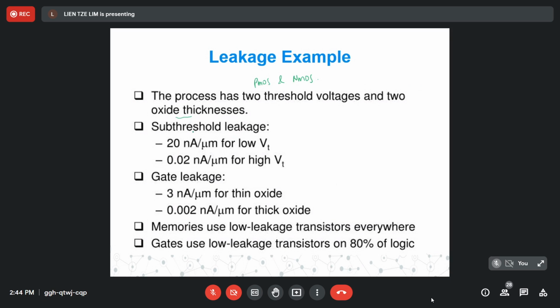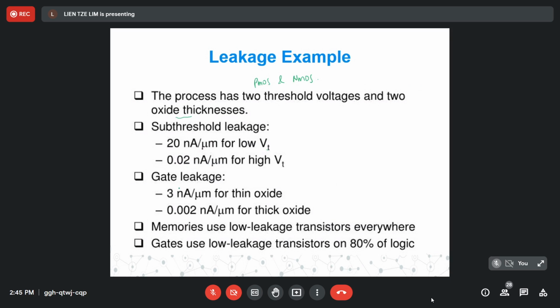For subthreshold leakage, the current can be 20 nanoampere per micrometer for low threshold voltage, and around 0.02 nanoampere per micrometer for high threshold voltage.